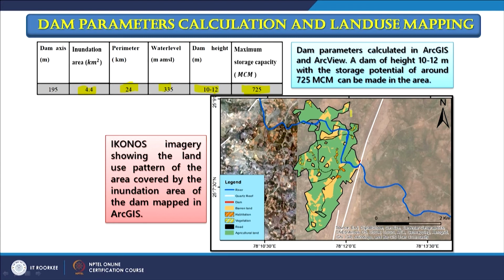So, by doing such simulations on a GIS platform, we can decide the best sites for groundwater recharge. We can also know beforehand all those parameters required to decide about a groundwater recharge structure like a small check dam, and what land use we are going to submerge in the submerged area.